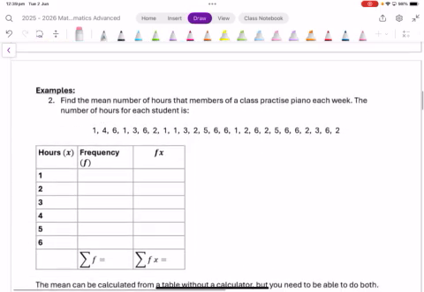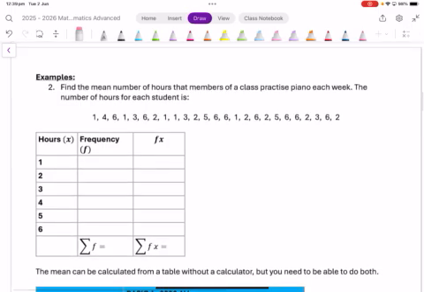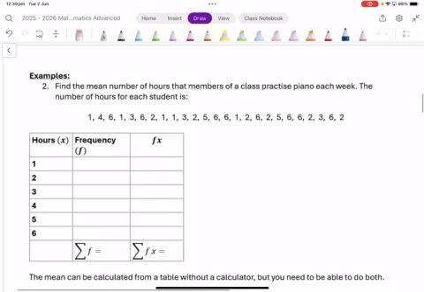All right, let's look at this example. We want to find the mean number of hours that members of a class practice piano each week. We want to put the number of hours for each student into our table. How many 1s are there? 5. How many 2s are there? 6.